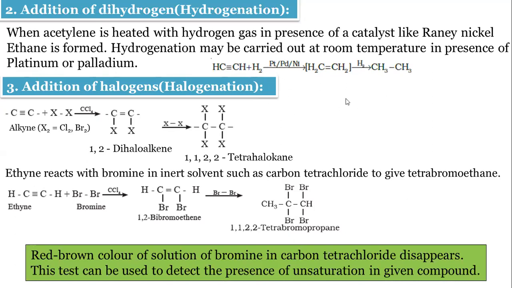This preparation can be asked in the exam. How will you prepare ethane? The final product is ethane and the first raw material is acetylene. So the question can be asked: how will you prepare ethane by using acetylene? We have to remember H2 and catalyst.